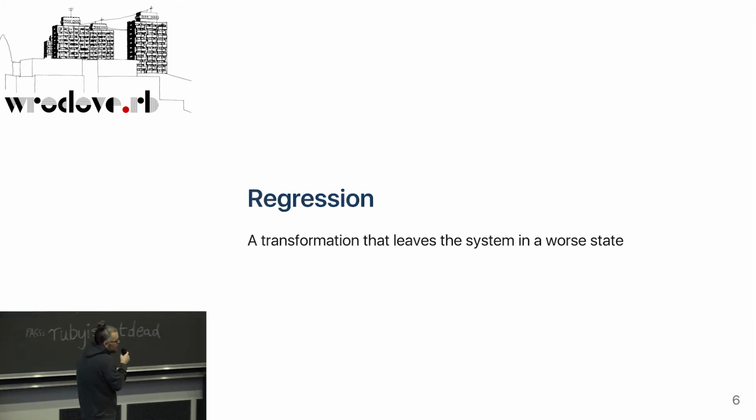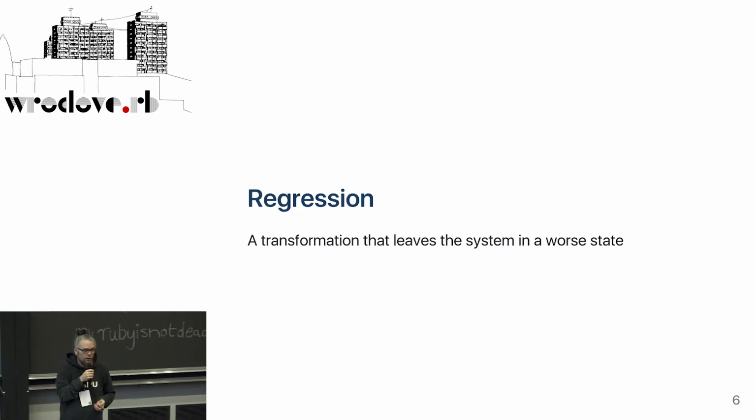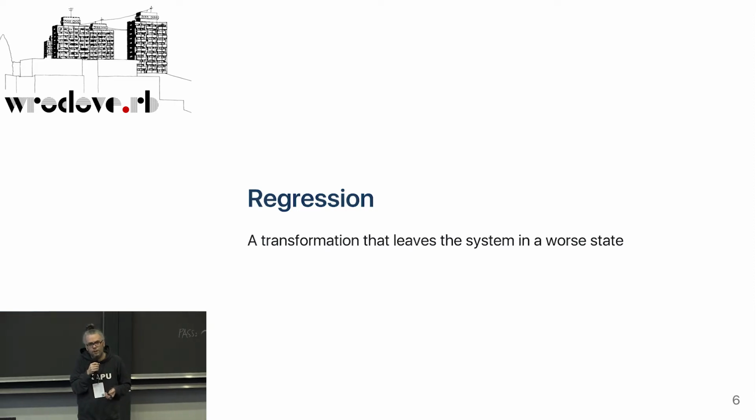Another term that probably doesn't really need a definition is regression, but I figured I'd add it nevertheless because we use it not in the most common sense, where you say a regression is a bug. Well, of course, a bug is some misbehavior in your production application, but a regression is slightly more abstract because we consider a regression to be everything that puts the system into a worse state.